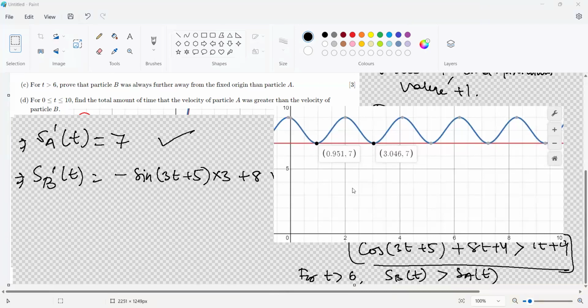Minus 3 sine t. Okay, so I think I missed the 3. Let me also write the 3. I missed the 3. It is minus 3 sine t. Yeah, here it is.